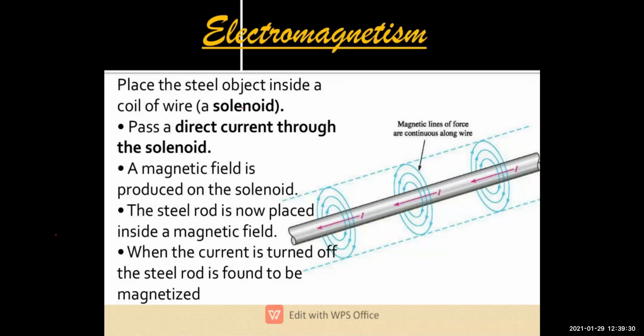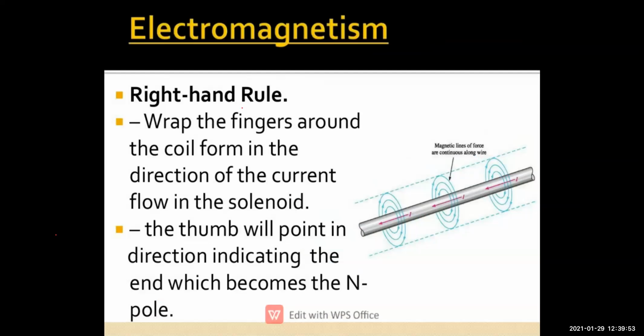And when the current is off, you can see that there is still some magnetic power in the steel rod even though the current is stopped. This is only for a temporary time. After a few minutes, the steel rod will become demagnetized. Okay.